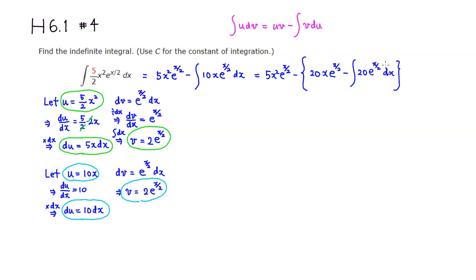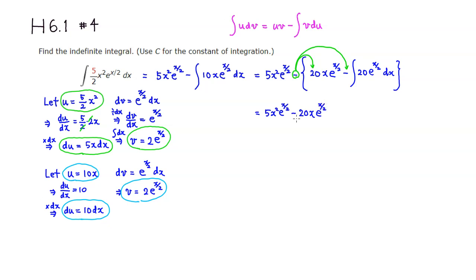So this is going to be equal to 5x squared e to the x over 2. Then this negative sign is going to distribute to the first term and the second term. So this is going to be a minus 20x e to the x over 2.